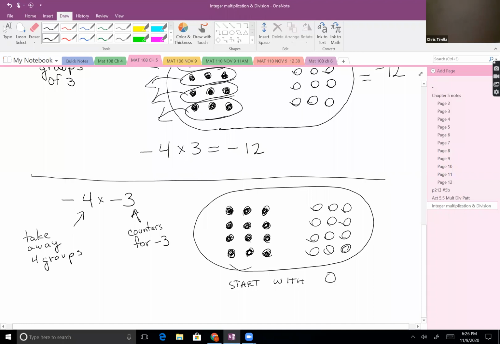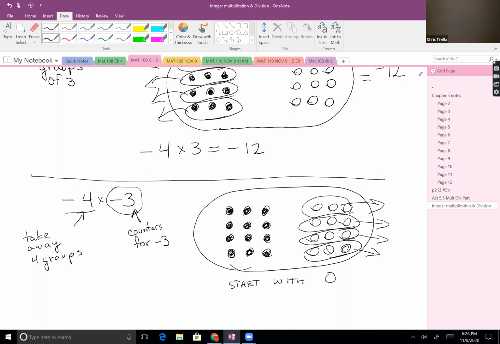But this time, we want to take away 4 groups of -3. And so this time, on the other side, we'll be taking out 4 loops, each containing the representation for -3.